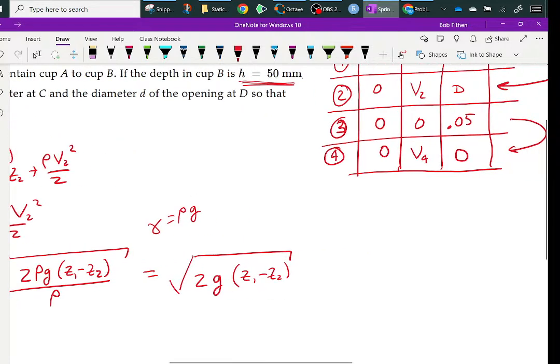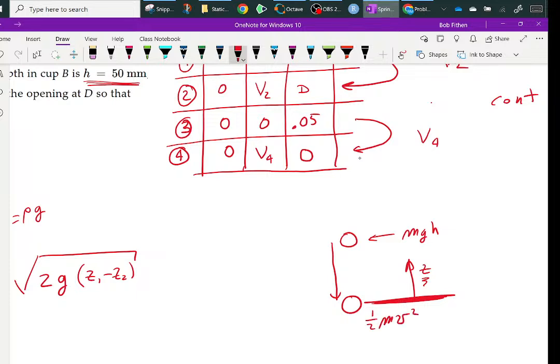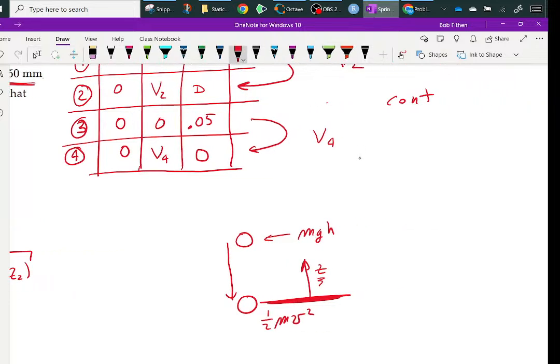So I'll take a pause here for a minute and do an old dynamics problem. I drop a marble. Here's my datum. I drop it from rest. So the energy at this state is mgh. I want to know when it gets to this level, which is z equal to 0, the speed, 1/2 mv squared. So I set those equal. mgh is equal to 1/2 mv squared.